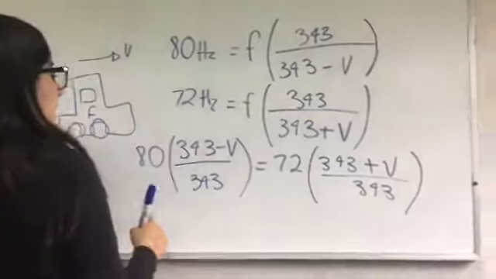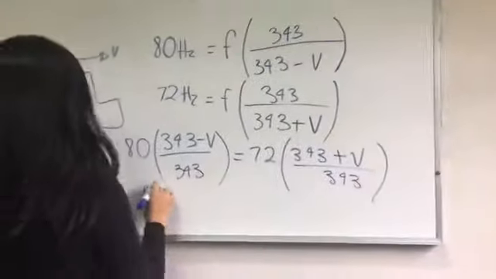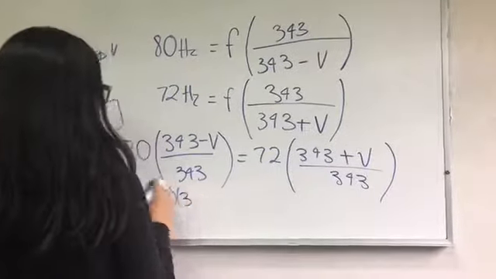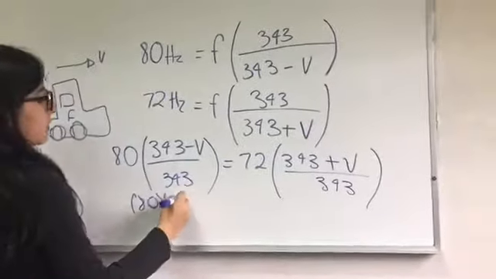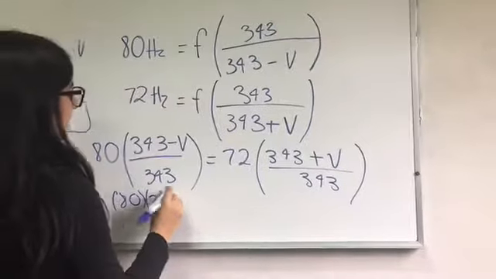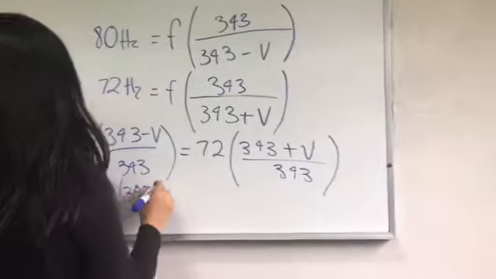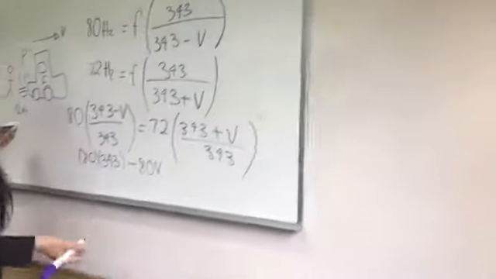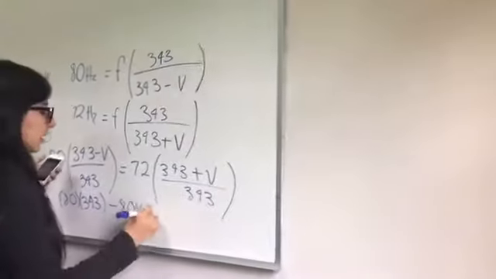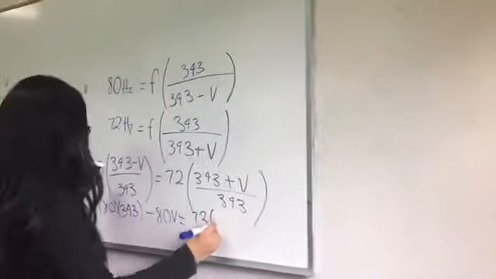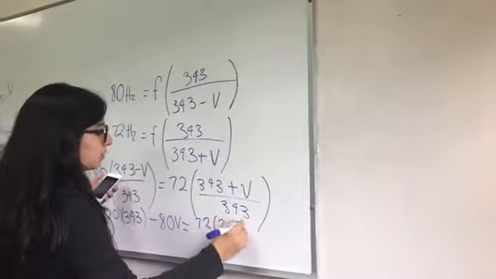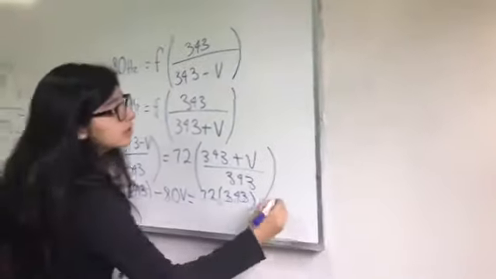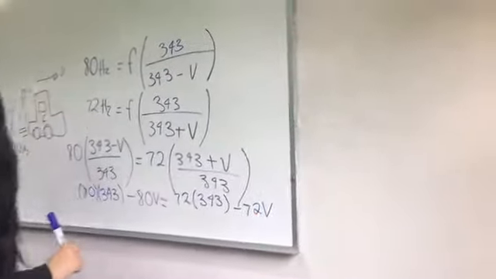So with some algebra here, we get that it's going to be 80 times the speed of sound minus 80 times the velocity. Then again, this is going to be equal to 72 times the speed of sound minus 72 times the velocity.